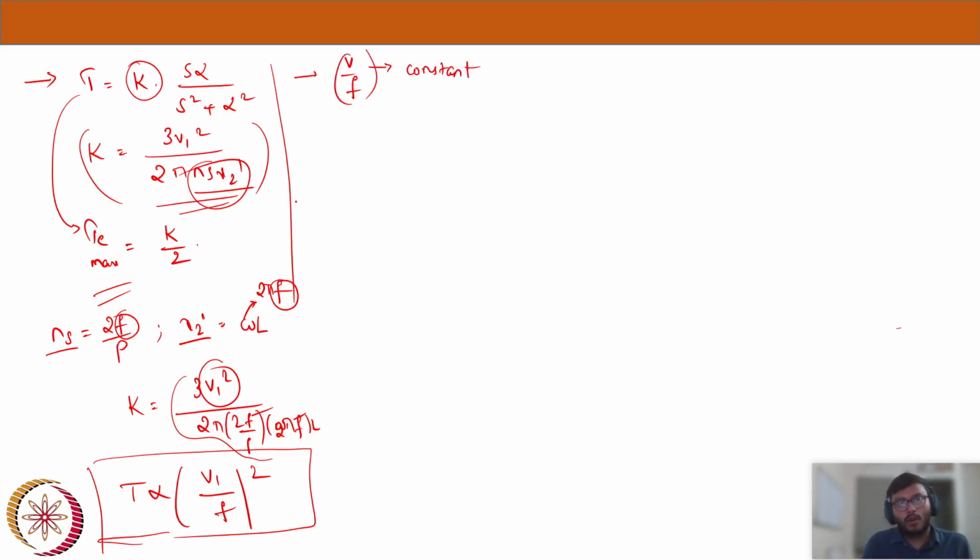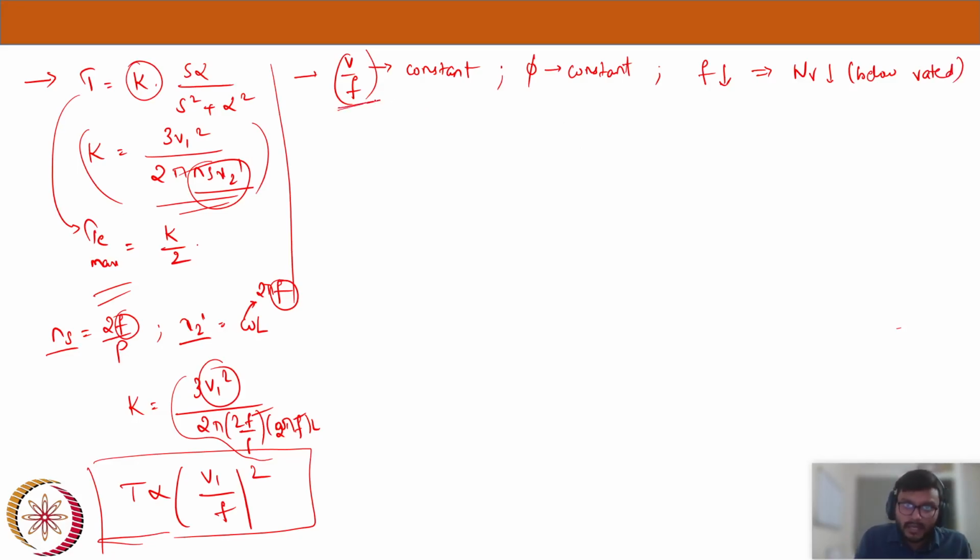If we keep V by f constant, we can ensure that the flux level requirement will be constant. Now keeping V by f constant, I am reducing my frequency to get a speed control below rated speeds. So this is straightforward.